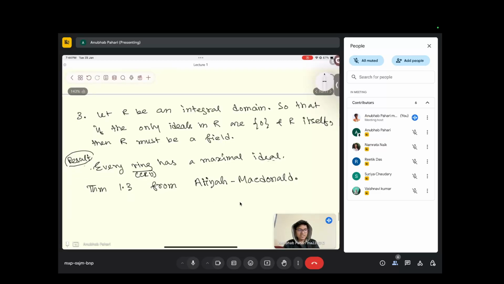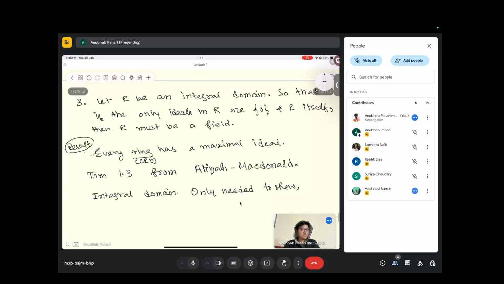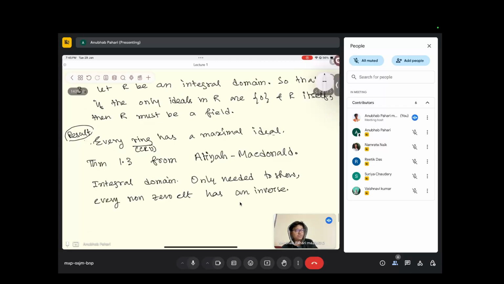Another approach is that to show that it is an integral domain, you already know that it satisfies most of the properties of a field. We only need to show that every non-zero element has an inverse, but that is also easy to show.